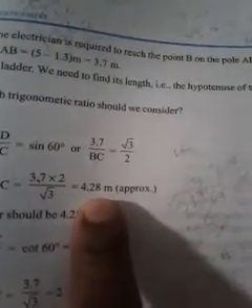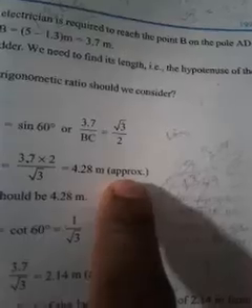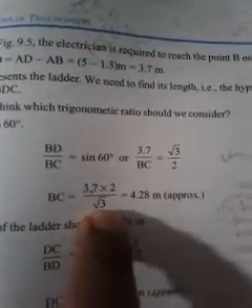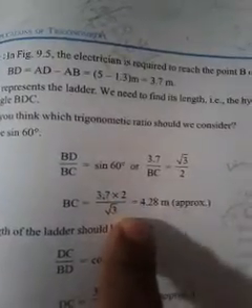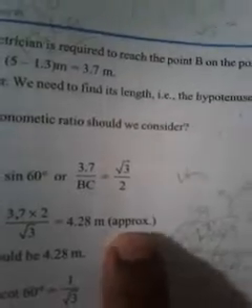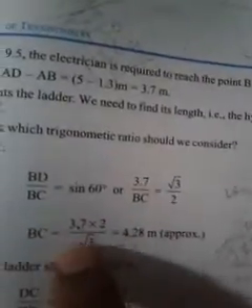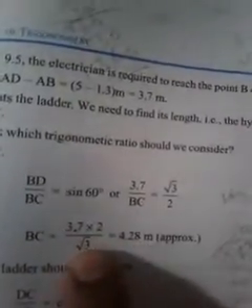In the textbook, the length of the ladder is found as 4.28, and in brackets they have given approximately, but we got 4.234. What is the difference? Because they kept root 3 in the denominator and didn't rationalize it. That is why in the bracket they wrote approximately, because this answer is not sharp. They should have rationalized the denominator first, but they simply substituted the values.